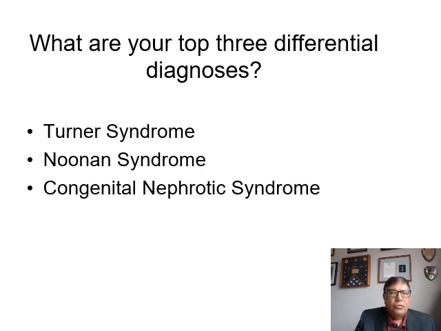Could it be congenital nephrotic syndrome, or other rare condition associated with anasarca or generalized edema of babies, which are very uncommon, and that you can see in hydrops fetalis, severe Rh incompatibility that actually does not exist anymore, very rare.